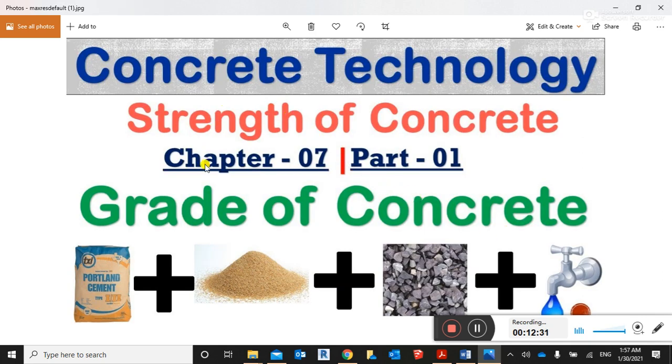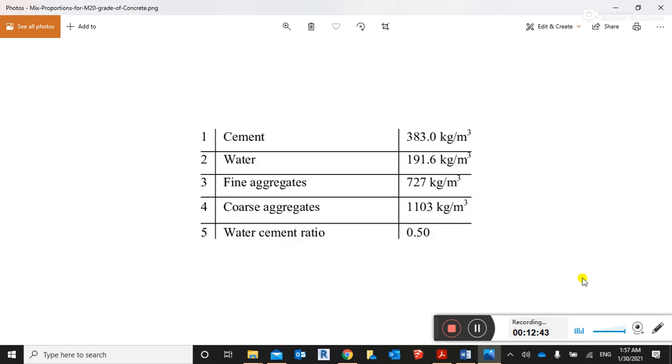As I explained earlier, the concrete mix is a combination of coarse aggregate plus sand plus cement and water. It forms a concrete mix. Cement, again, this is also a very important question, guys. The portion of cement in 1 cubic meter of concrete is 383 kg.